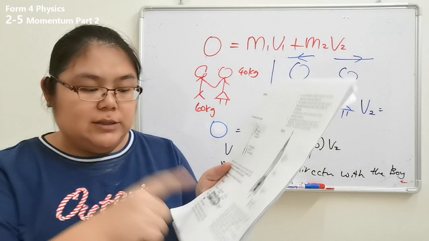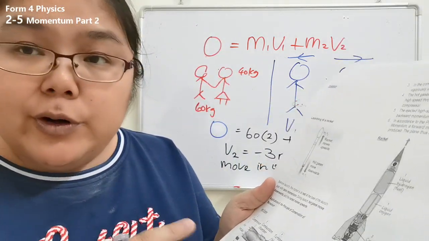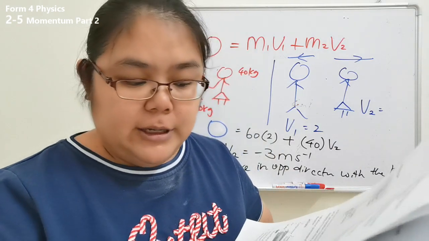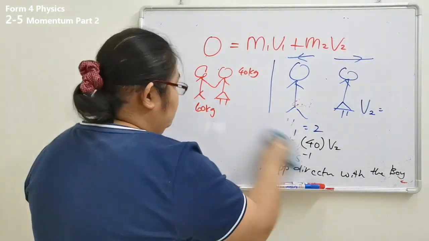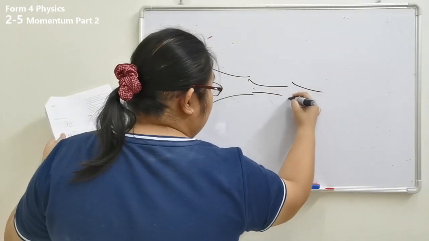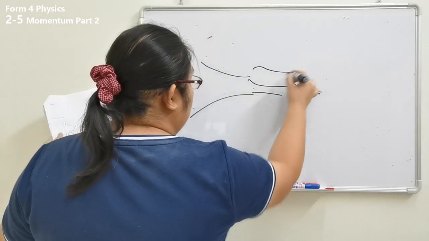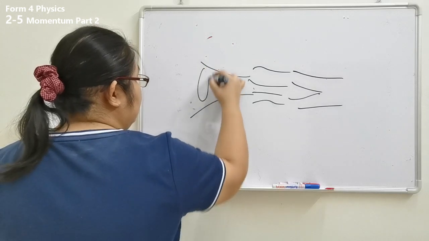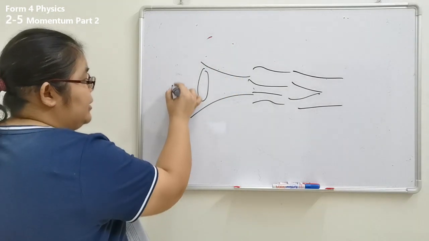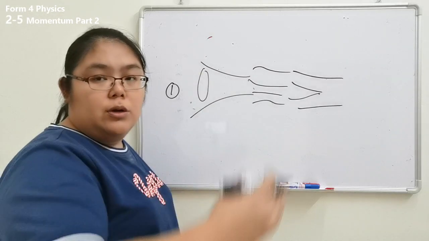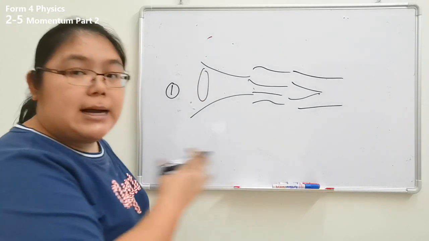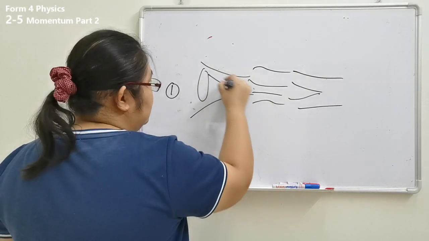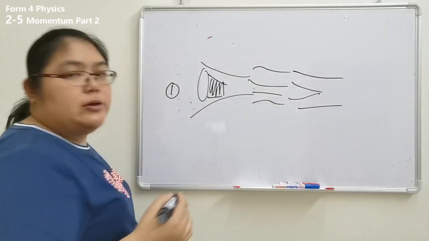From here, we need to explain one by one. I already labelled the numbers for you. The first number is the air intake. The air needs to go in first, sucked in first. Number 2, there's a compressor, which compresses the air.